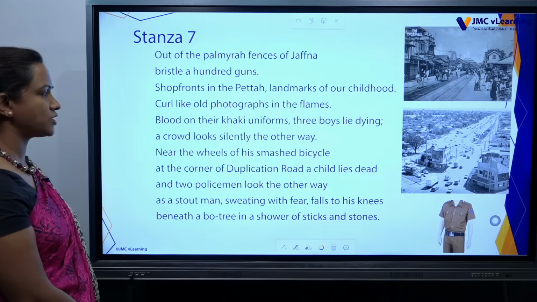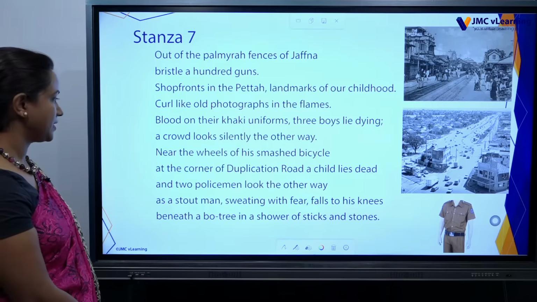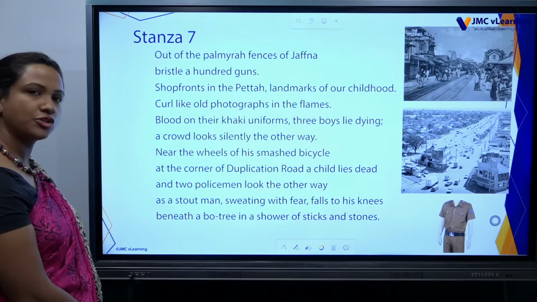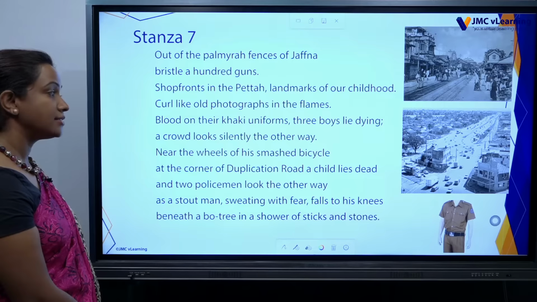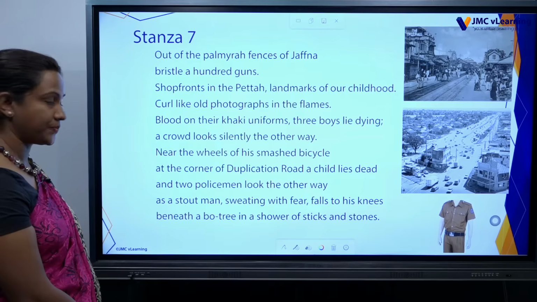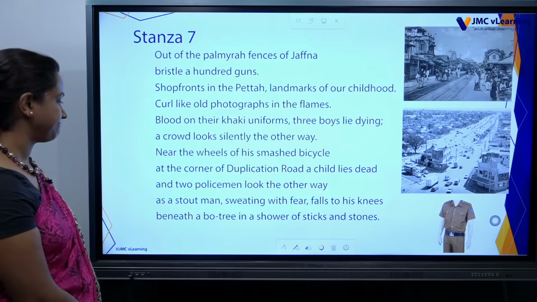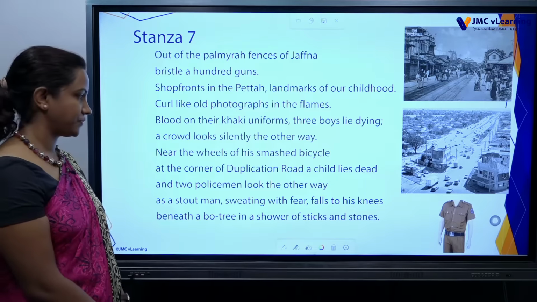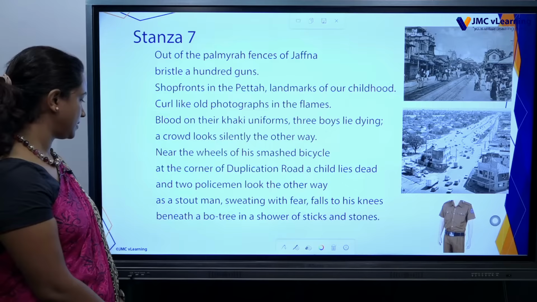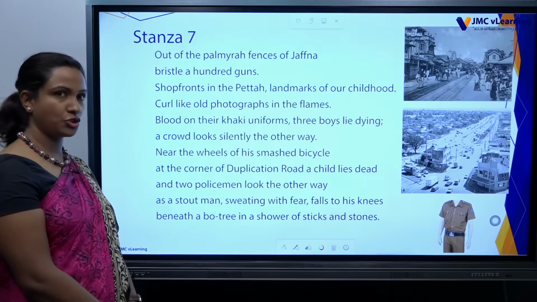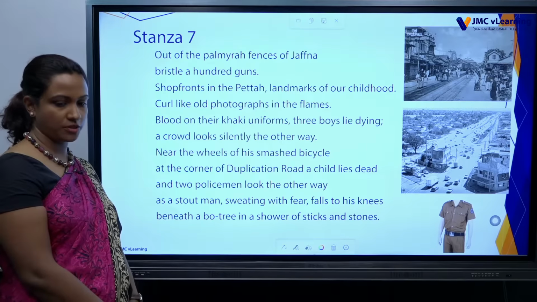Near the wheels of his smashed bicycle, at the corner of Duplication Road, a child lies dead, and 2 policemen look the other way. A stout man, sweating with fear, falls to his knees beneath a bo tree in a shower of sticks and stones.